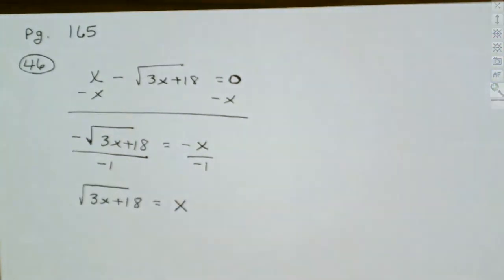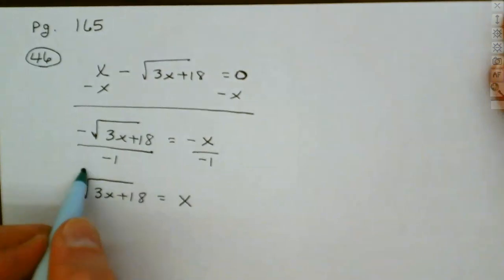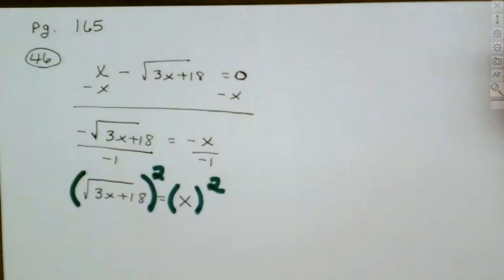Now we should know what to do. So now we have this. We've got the square root isolated by itself. We need to get rid of the square root. So what gets rid of a square root? A square. So I'm going to square both sides.